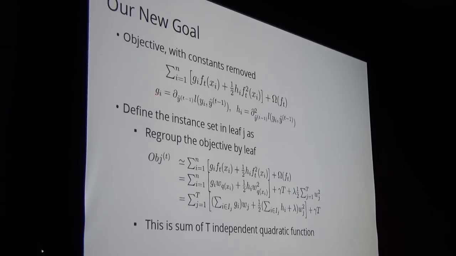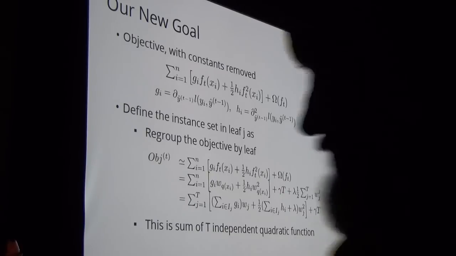So, given our new goal, what we want is to find the function that optimizes this new objective, this quadratic function. Here comes the interesting part. What we can do is regroup this objective function by their counterpart in each of the leaves.